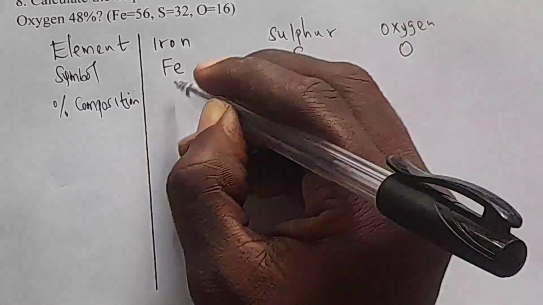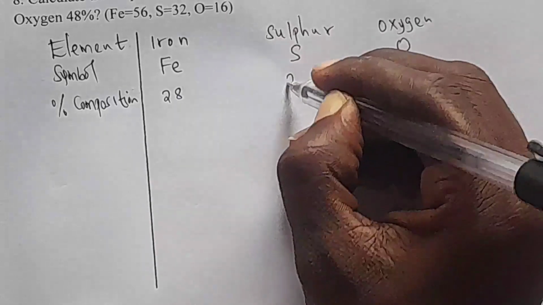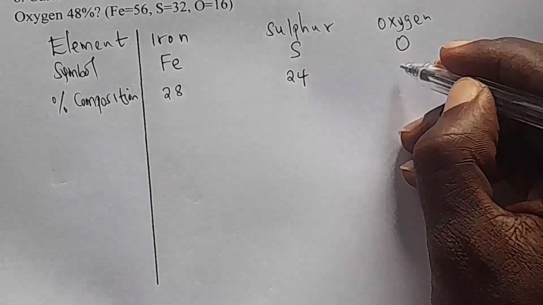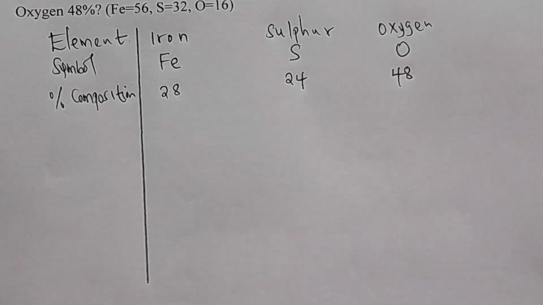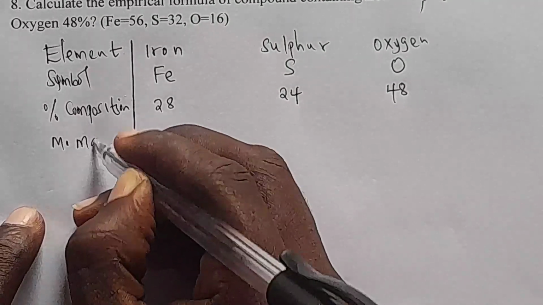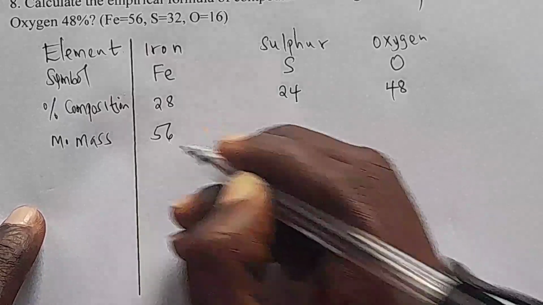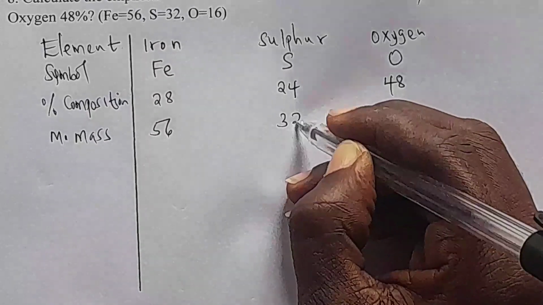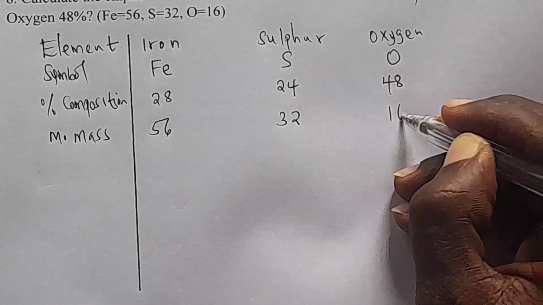For iron it is 28%, sulfur is 24%, then 48% for oxygen. So next we are supposed to get the molar mass. The molar mass for iron is 56, the one for sulfur is 32, the one for oxygen is 16.